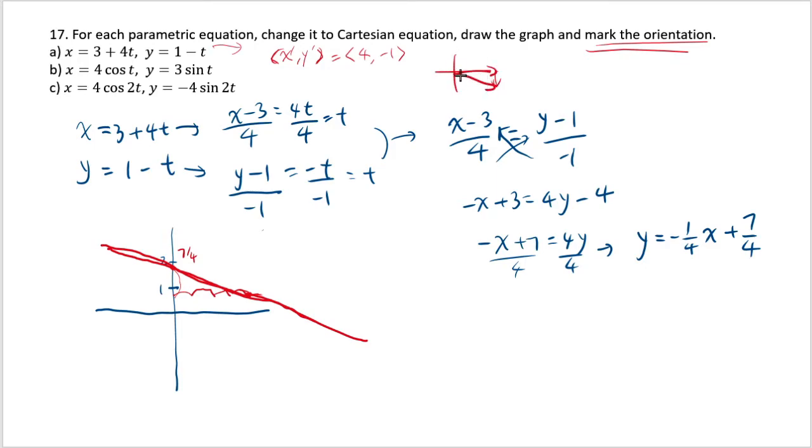This is your vector, and this is the direction vector of this line. So I know that the direction would be going this way. Okay, that's a little hard to see. Let me draw it better. Okay, so using the derivative, you can decide on the orientation.